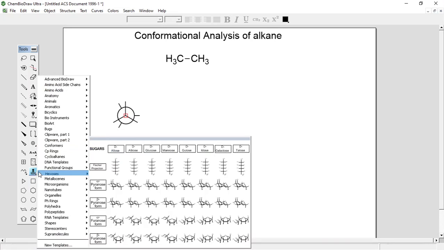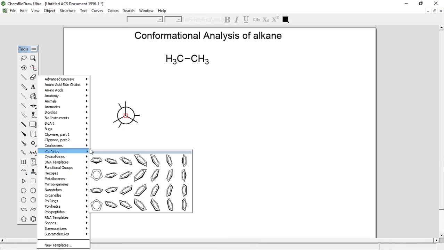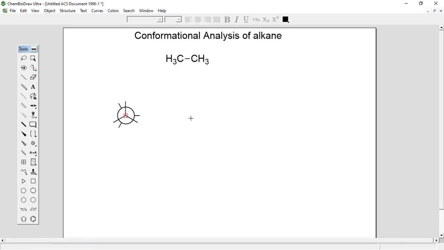So this is in an eclipsed form, this is in a staggered form. This is your front carbon with three hydrogens, and these are the Newman projection formulas of the eclipsed and staggered forms.